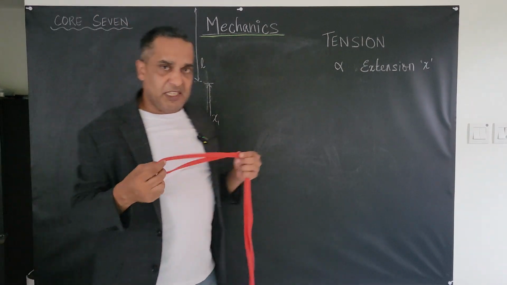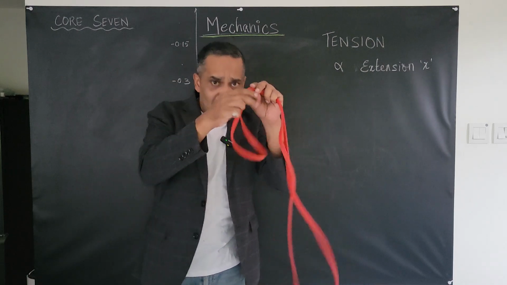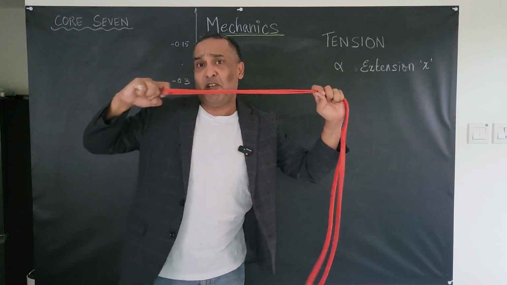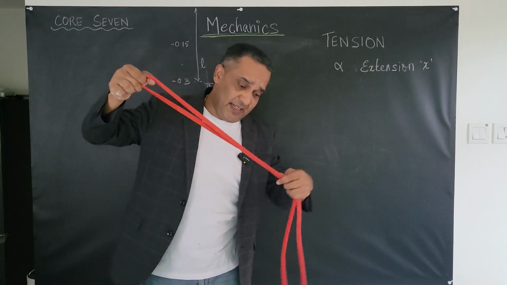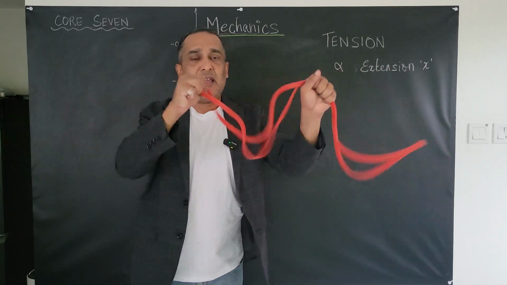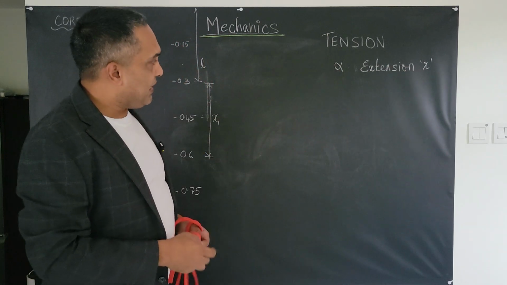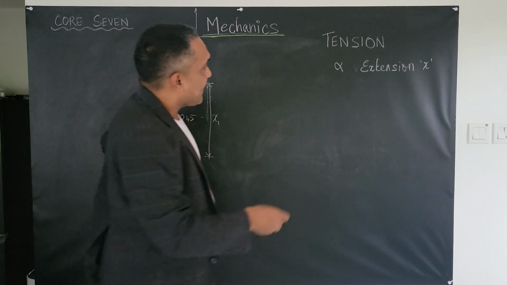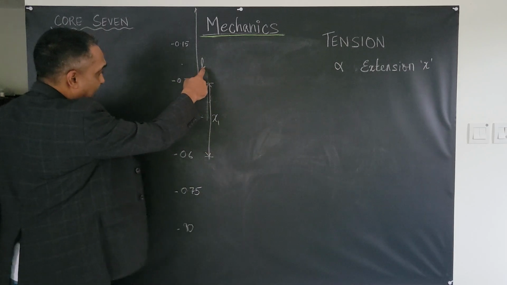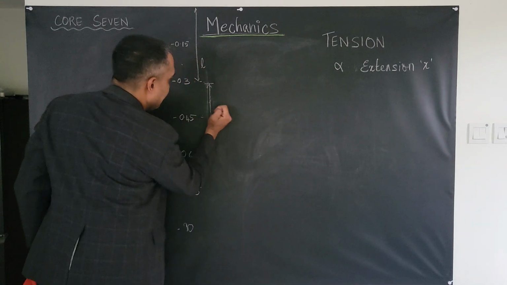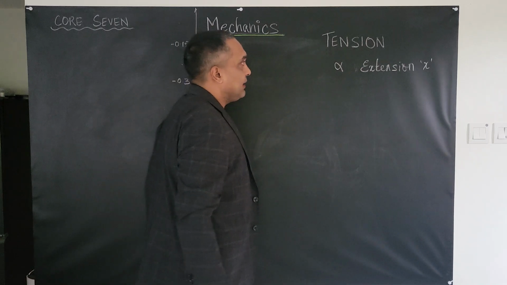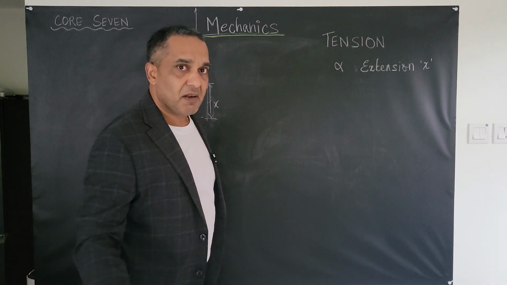You might be able to intuitively say, oh, there's much less of this material here. So it was harder. How much are you going to pull this by? Not a whole lot. But if you had 60, you had a lot more material and you could easily pull it. Which means the longer the initial length L, just call extension as X for now, the longer the initial length, the lesser the tension.